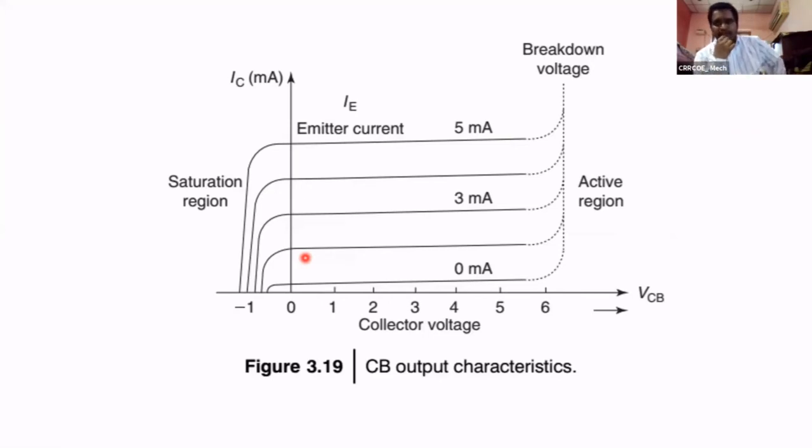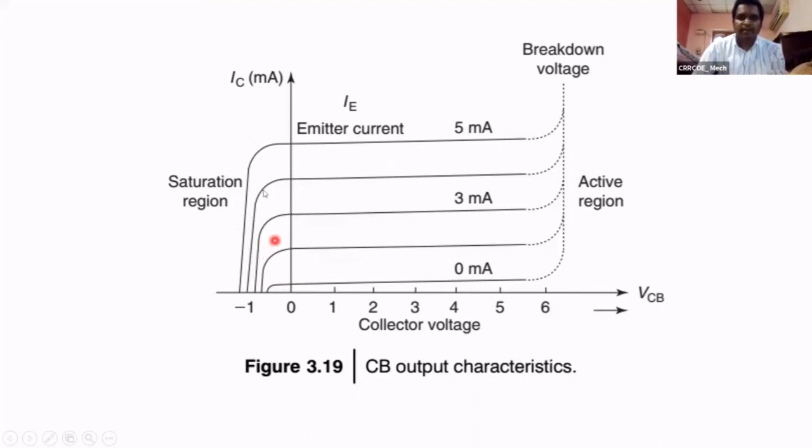Here we have three regions, already explained: active region, saturation region, and cutoff region. On the y-axis is IC, the collector current, and on the x-axis is VCB, the output voltage. When VCB is negative, the part to the left of the y-axis is the saturation region.